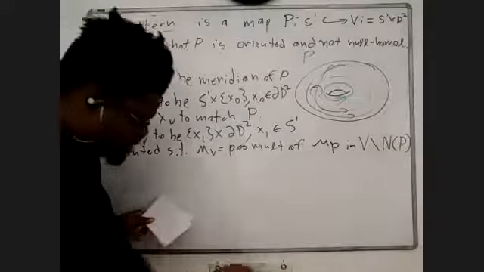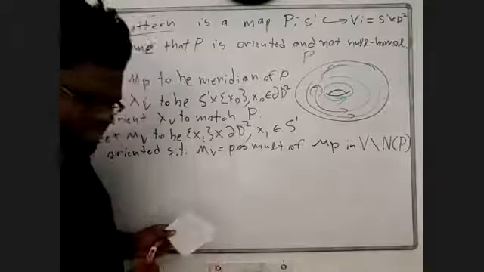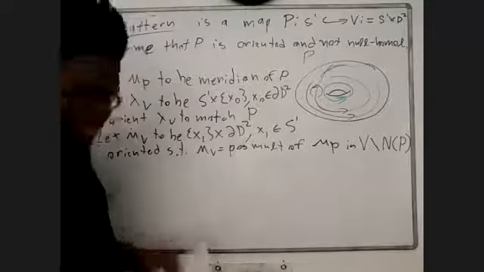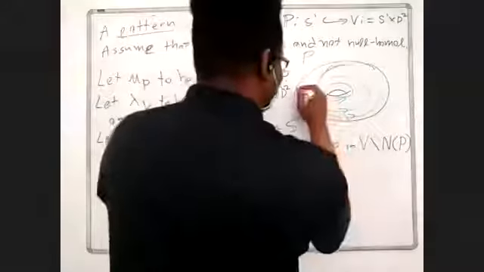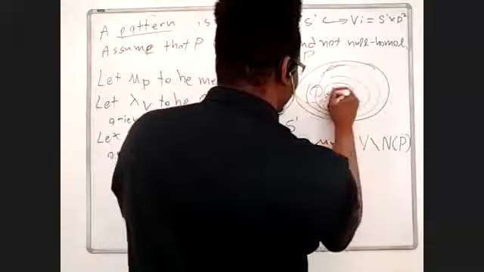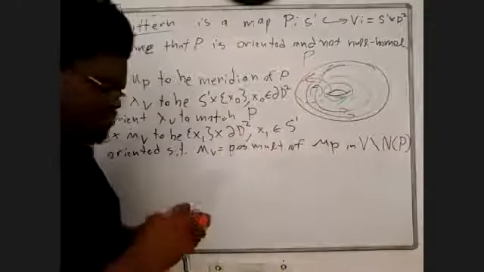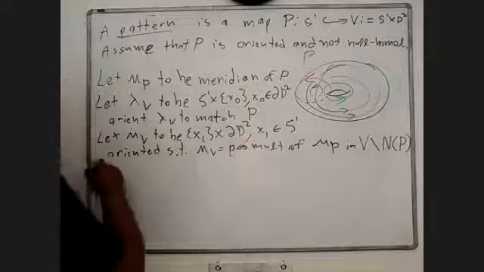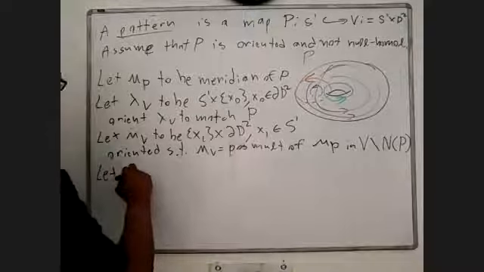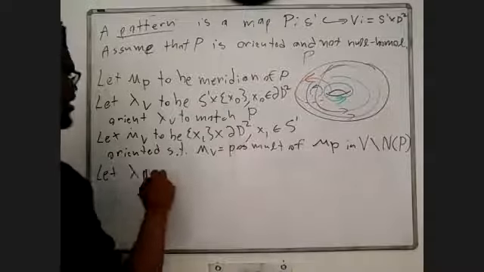So in this picture, let's use orange. That looks like this. And finally, we're going to define lambda p.